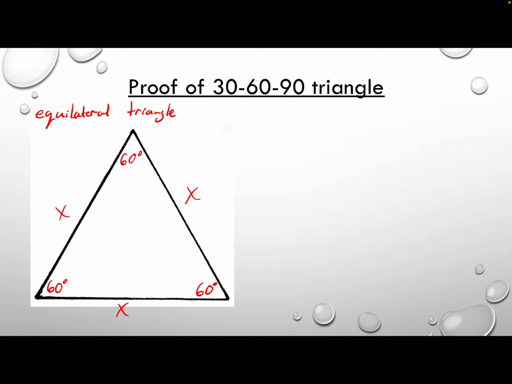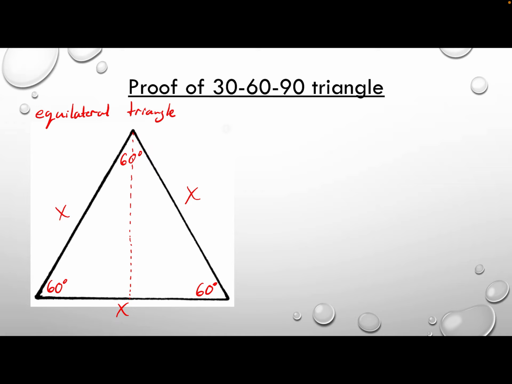Now, we're going to do something here to create a 30, 60, 90 triangle. And what are we going to do? We're going to split that side.